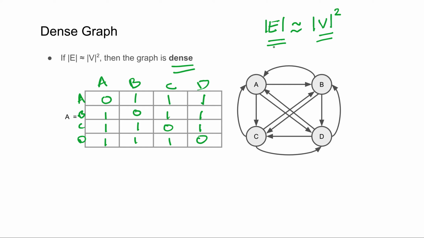If you consider the case of a dense graph, where the number of edges is approximately equal to the square of the number of vertices, then this kind of representation is very useful, because almost all entries in this particular adjacency matrix are filled, or in other words, all of them are conveying information for us. So adjacency matrix is preferably used when the graph is a dense graph.